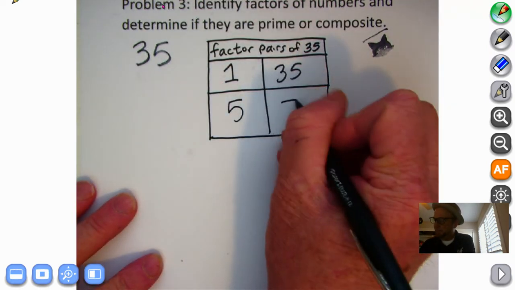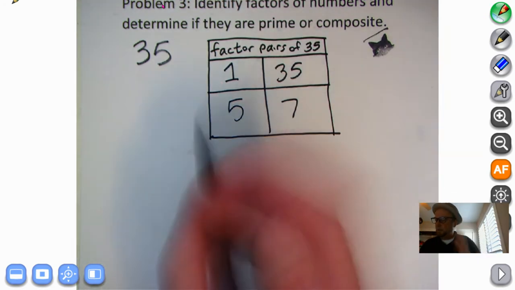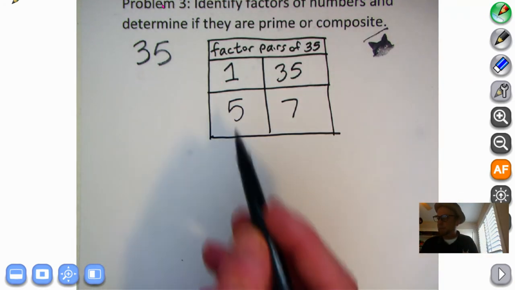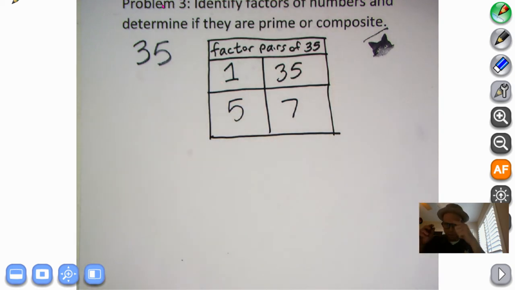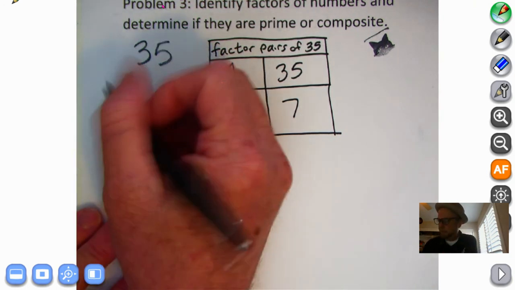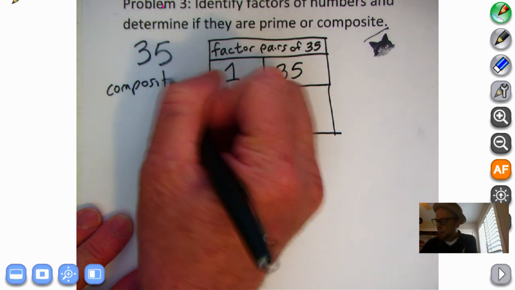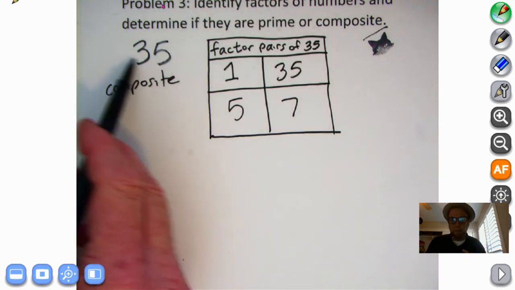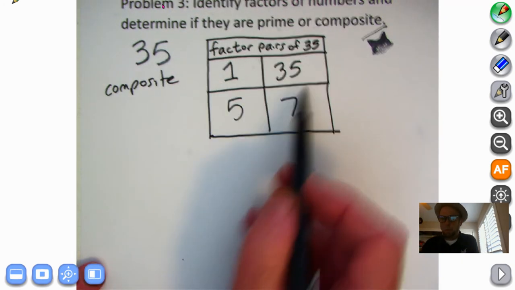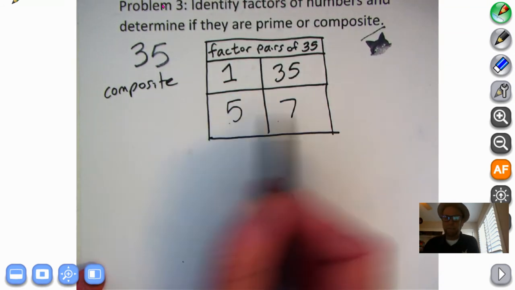And if you looked at that chart, you would see that there are no other combinations for 35. 5 times 7 are the only 2 numbers that intersect on your multiplication chart to get 35. So we can see that 35 is a composite number. Let's write that term down again, composite. Because even though it's an odd number, it has more than 2 factors. It has 1 and 35 and 5 and 7.